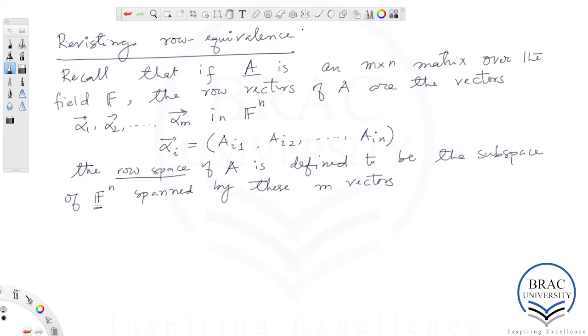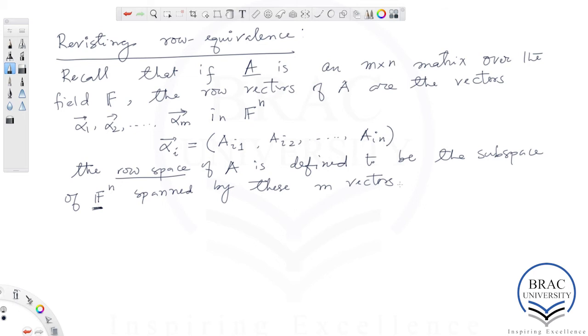And since it's a subspace of this finite dimensional vector space F to the n, it has a finite dimension. The dimension of that subspace is called the row rank of A.